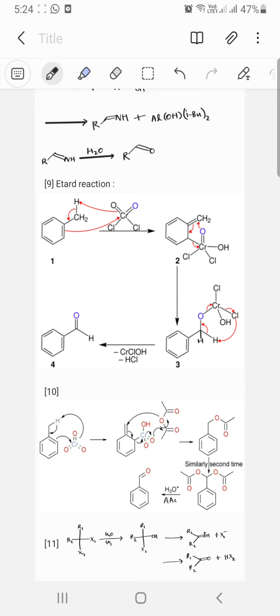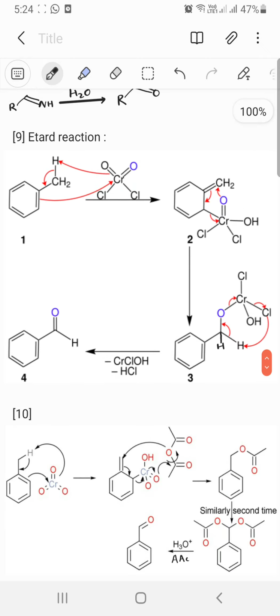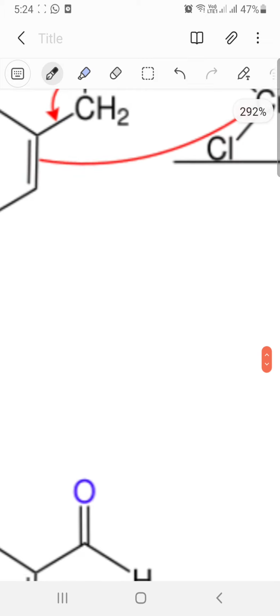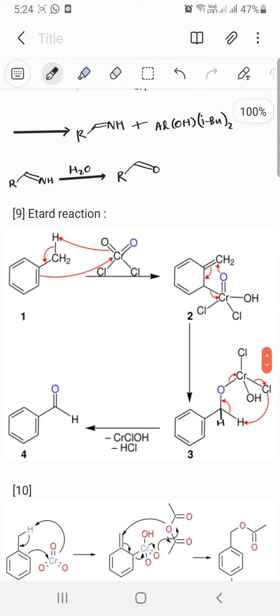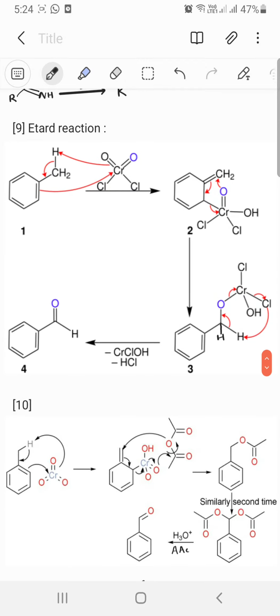Oh, that's nice. So now I finally have an explanation of why the benzyl position can be oxidized so readily, because the nearby pi bonds are in fact involved in this oxidation. Okay, cool.